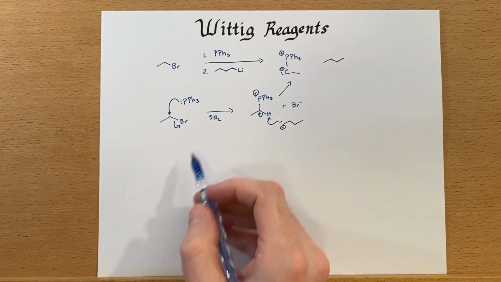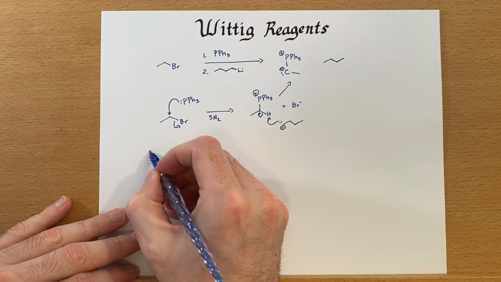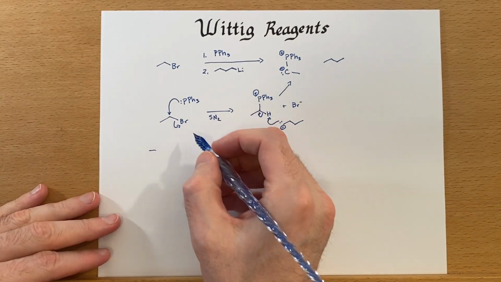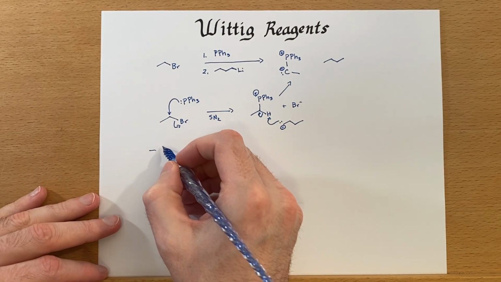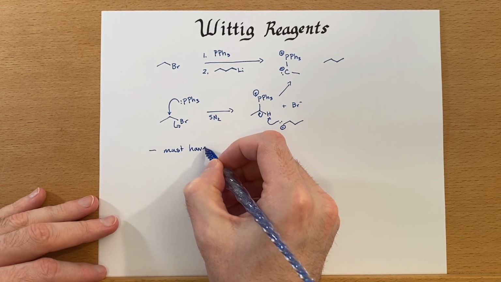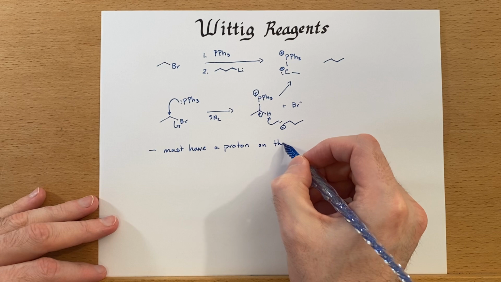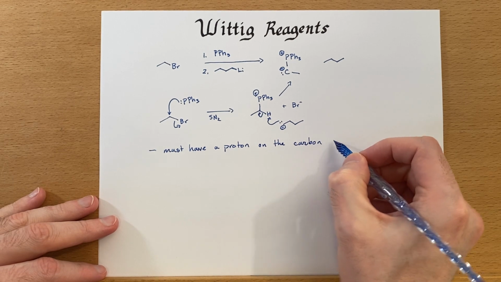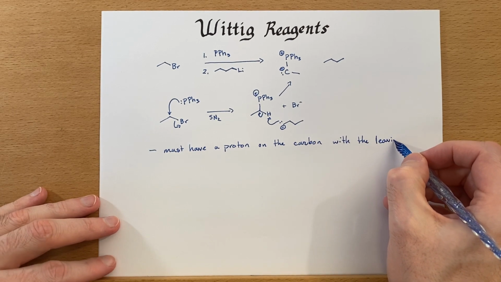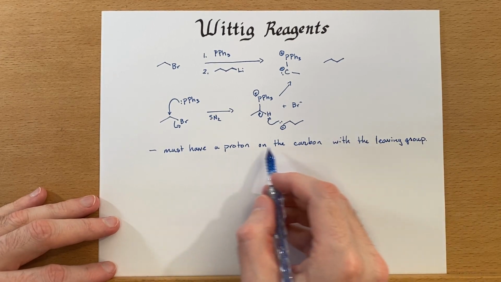But then the second step is to remove a proton, so one has to be available anyway. So you can generate Wittig reagents if you have a primary or a secondary carbon, no tertiary. So you've got to have a proton on that carbon.